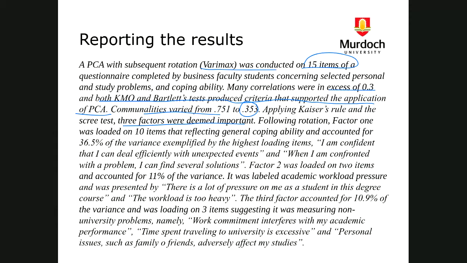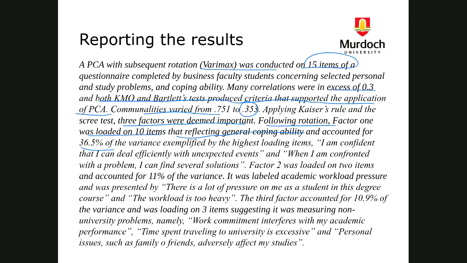Following rotation, factor 1 was loaded on 10 items. This is factor 1, it has 10 items, and that's reflecting general coping ability. Now, the name of the factor, you know how to name it. Nobody's going to tell you how to name it. And accounted for 36.5%. This is the variance that could be explained by that factor.